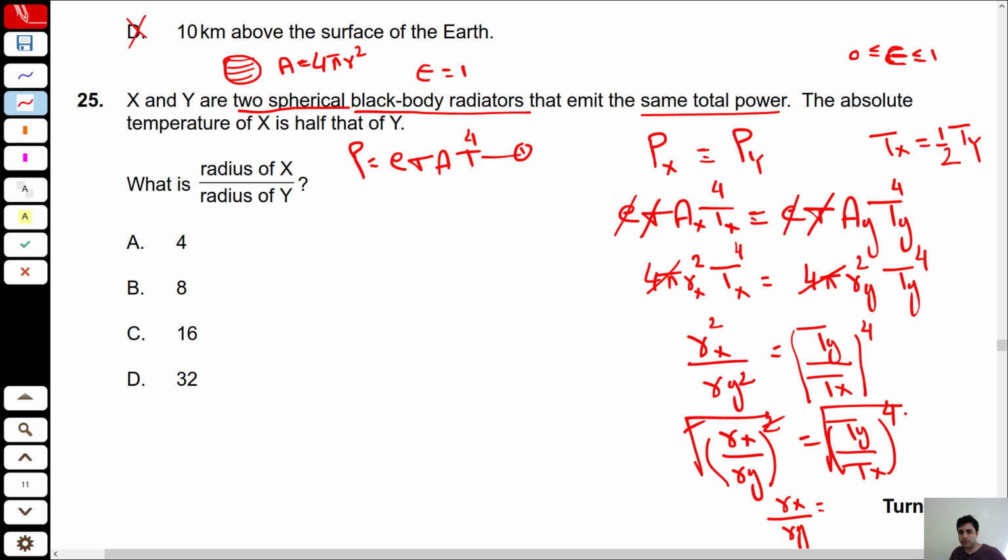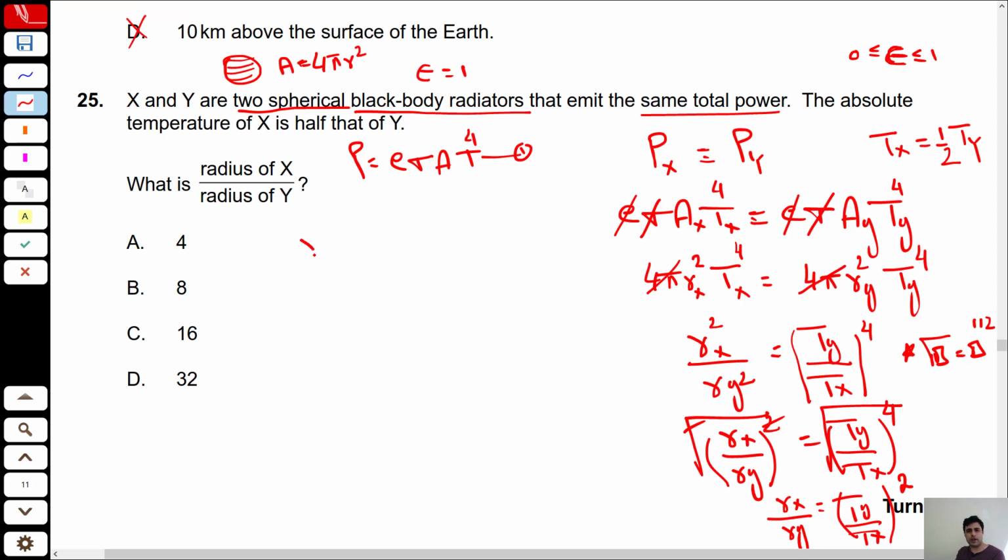4 times half is T of Y over T of X to the power of, square root of, to the power of 4. So you should also know that square root of something is something to the power of half. So half times 4 will give you 2. Okay? So there we have it.